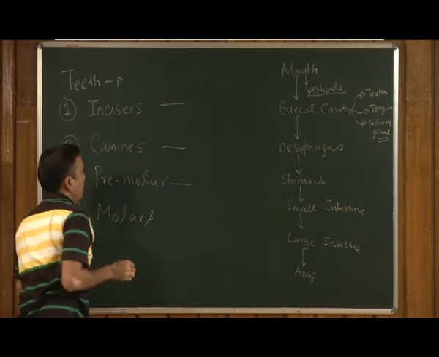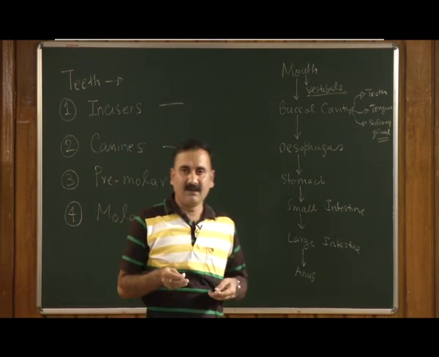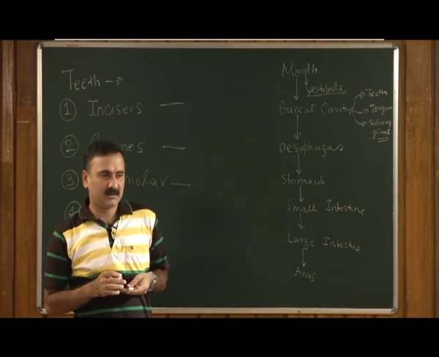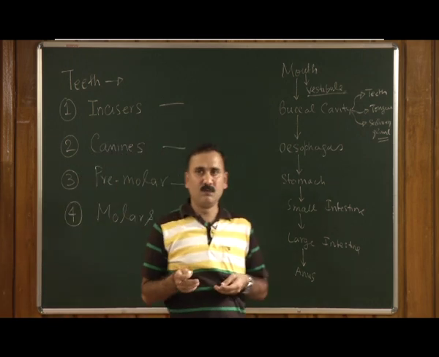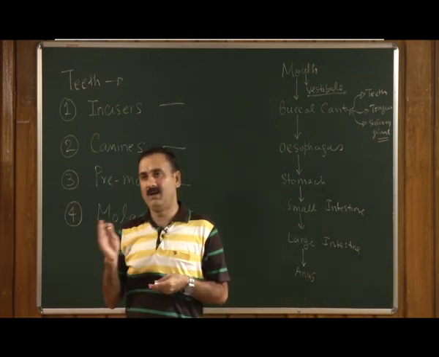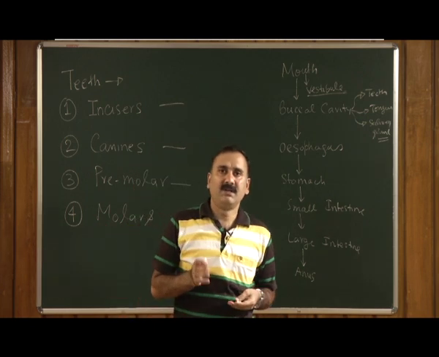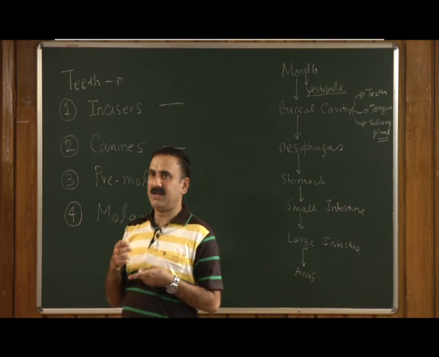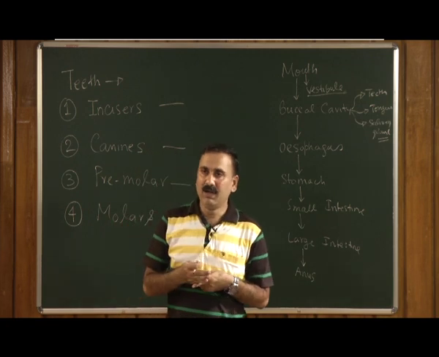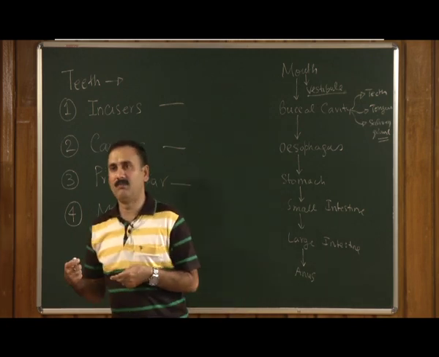Incisors, as the name suggests, are the chisel-like teeth, and we have 2 incisors present in every half of the jaw. 2 incisors are present on the top and 2 incisors are present in the bottom of the jaw.